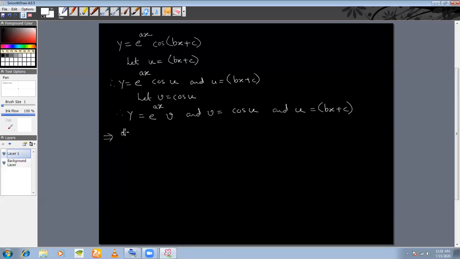We get dy, but this is a function of two variables here.